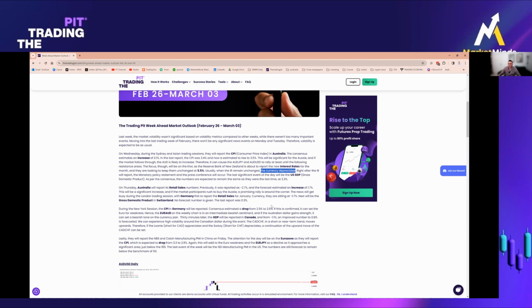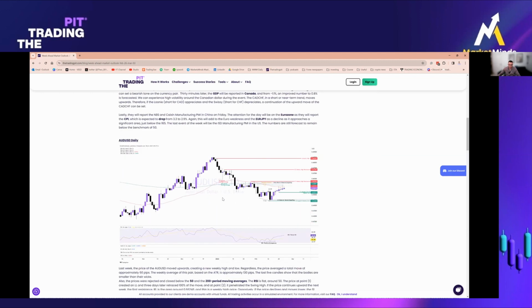Okay, so that's a clue that most of the time, if the Reserve Bank or the central bank keeps unchanged interest rates, we might see the currency fall. Okay, we're going to see depreciation on the currency.